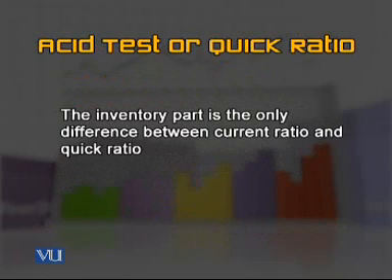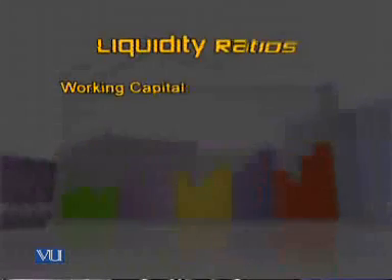The inventory part is the only difference between the current ratio and a quick ratio, in which we exclude inventories to reach a quicker conclusion on what the situation of the company is.